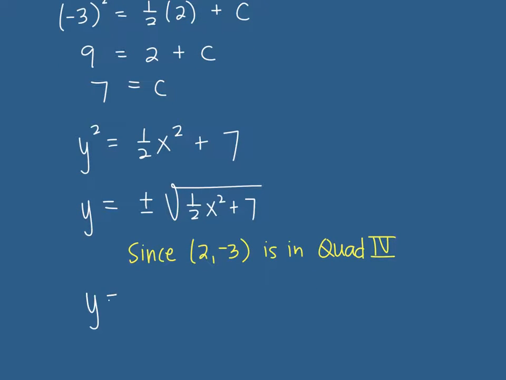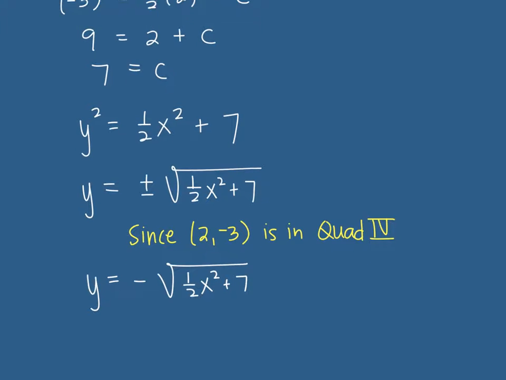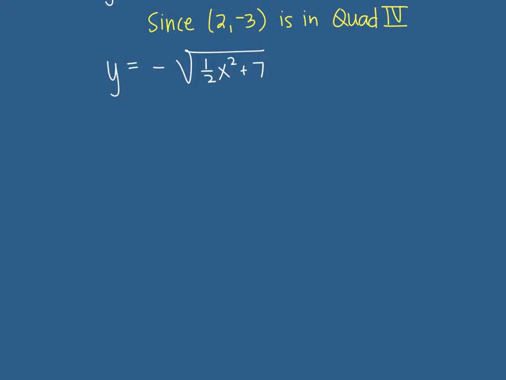And so our solution is only the negative part of the square root so that we satisfy and go through the initial condition without failing the VLT. Okay, any questions so far? I'll keep going.